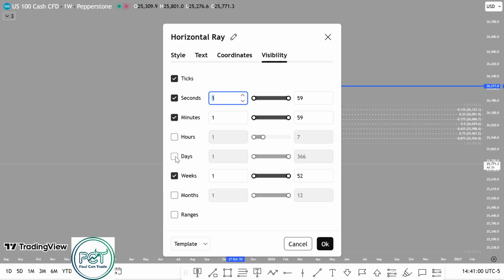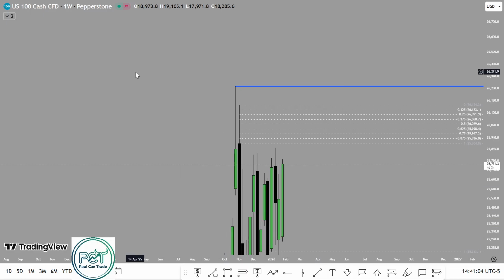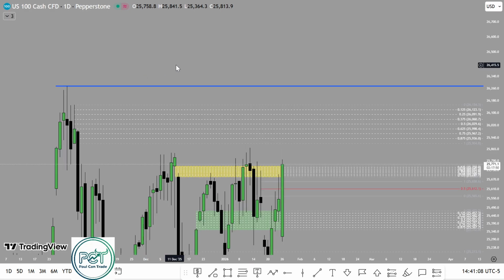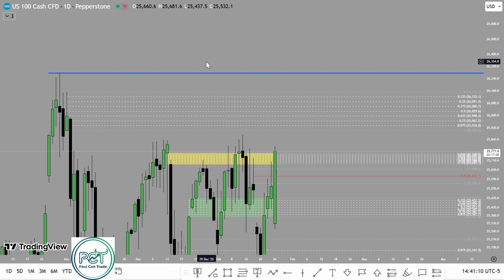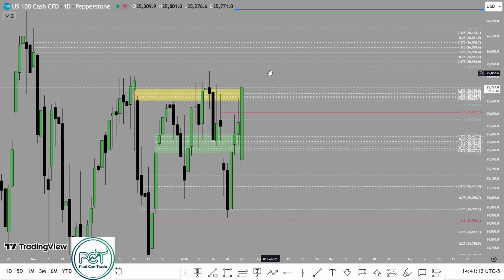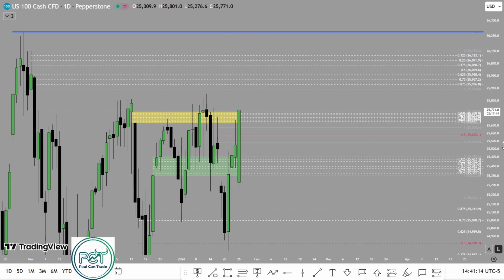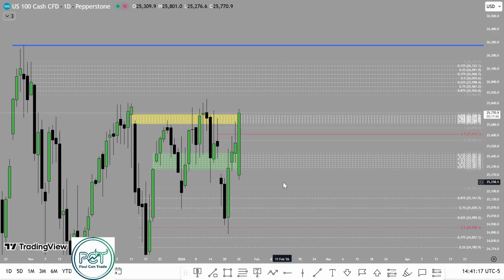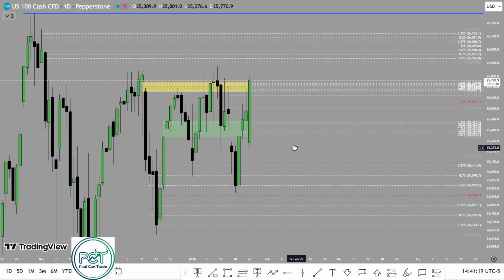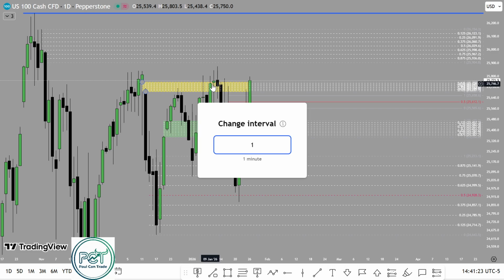I've not toggled for it to be shown on the daily. That's how it looks on the daily chart. So ultimately, my interest is up here. New all-time highs. So these levels will still be shown on the lower time frames.